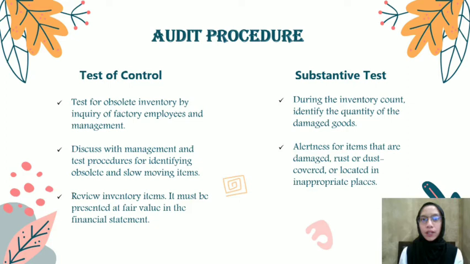And the second one is substantive test. During the inventory count, the auditor must identify the quantity of the damaged goods, and then he must watch out for the items that are obsolete, rusty or dust covered, or located in inappropriate places.